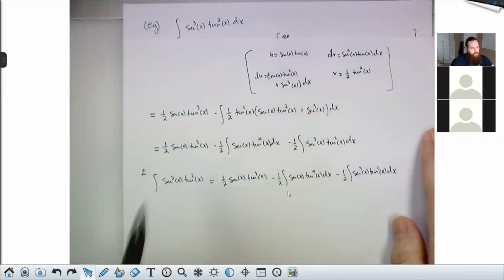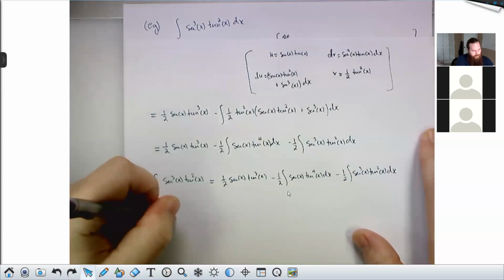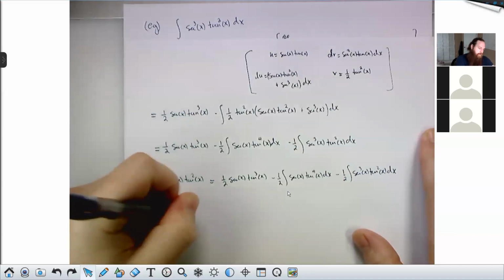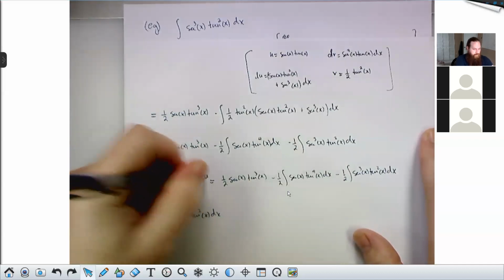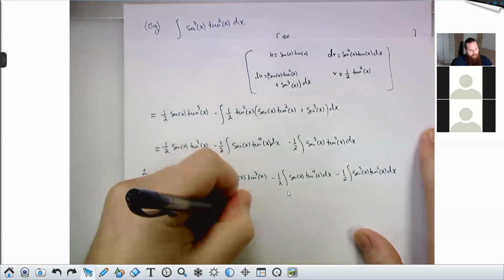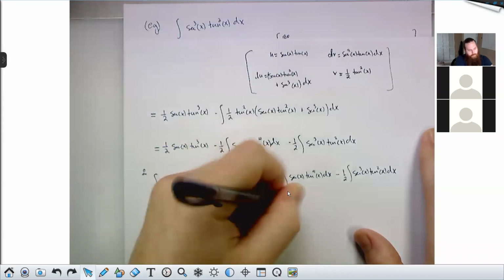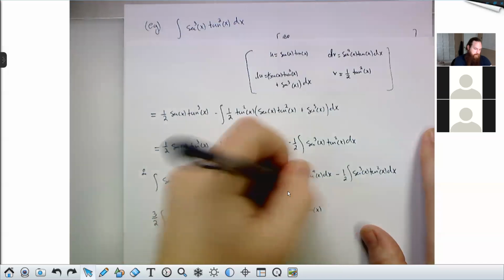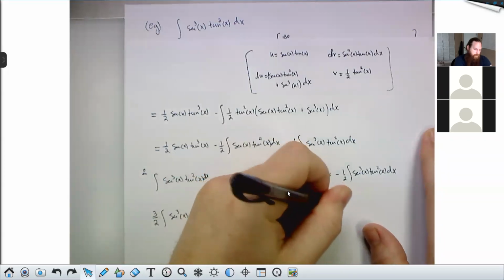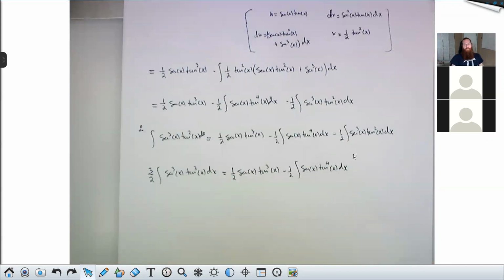And I can add this over, and I'll get 3/2 integral secant cubed x tan squared x dx equals 1/2 secant x tan cubed x minus 1/2 secant x tan to the 4x dx. But again, after a single loop, I'm still left with a very, very challenging integral.